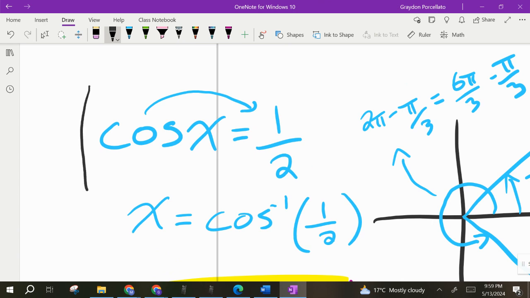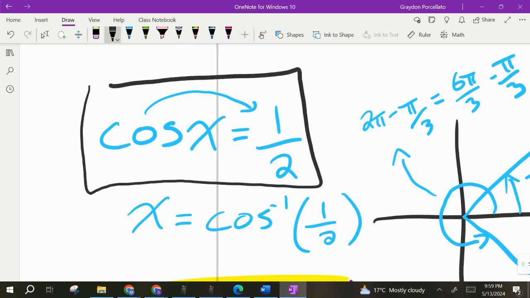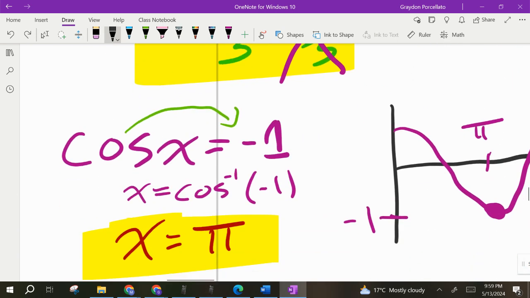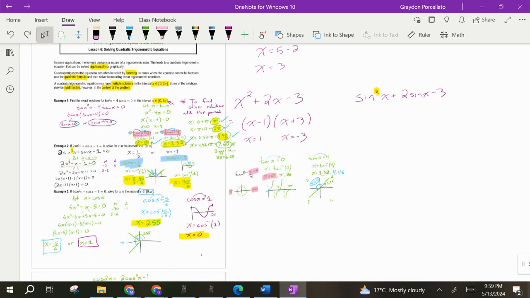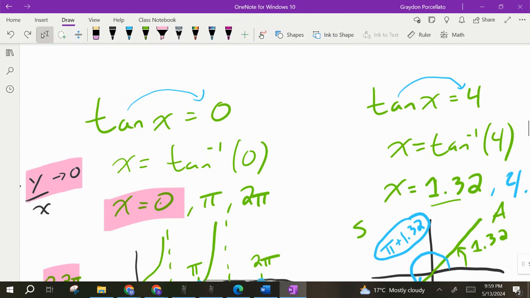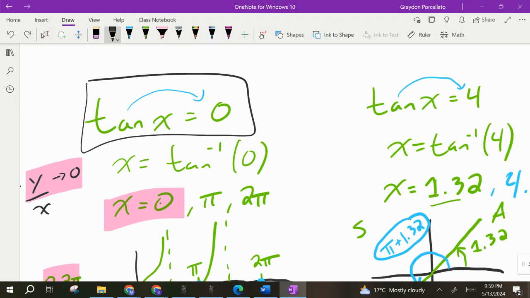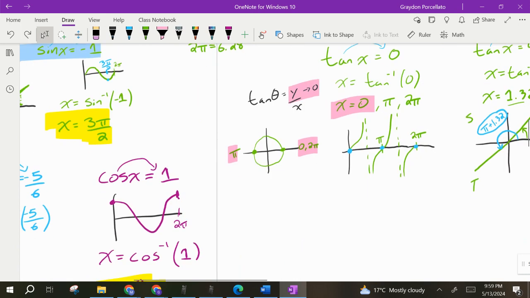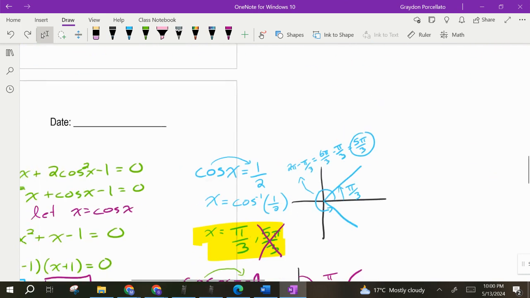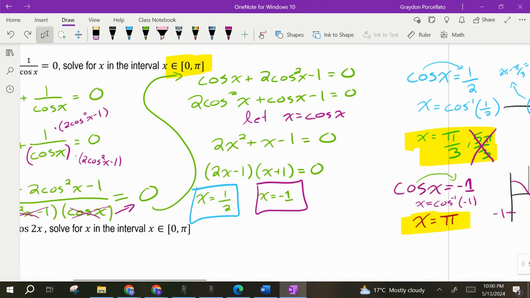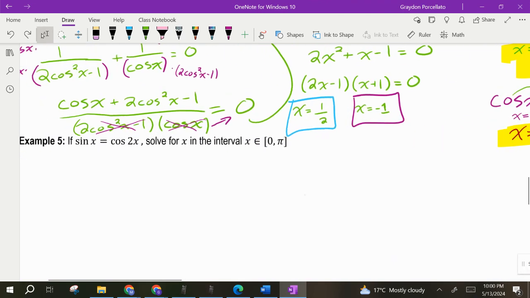You need to be confident in solving cos x equal to a half, cos x equal to -1, tan x equal to 0, or tan x equal to 4. These kind of linear equations, we'll call them, you need to be confident solving, because that's how you finish off these types of questions.